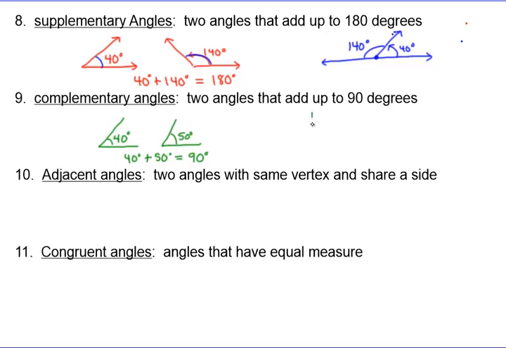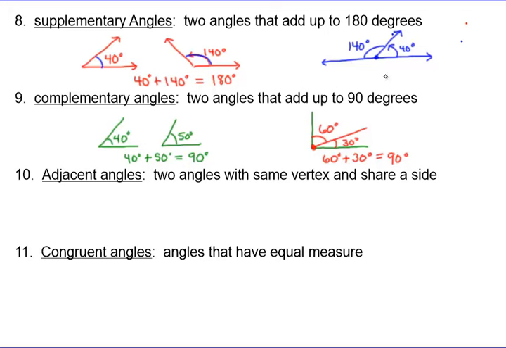And we can also do the same thing. Here's my 90-degree angle, and if I just draw a line that goes in there, now these are adjacent because they share a vertex, but let's say that this one is 30 degrees and this one is 60 degrees. 60 degrees plus 30 degrees equals 90 degrees. So you can see that those are also complementary.